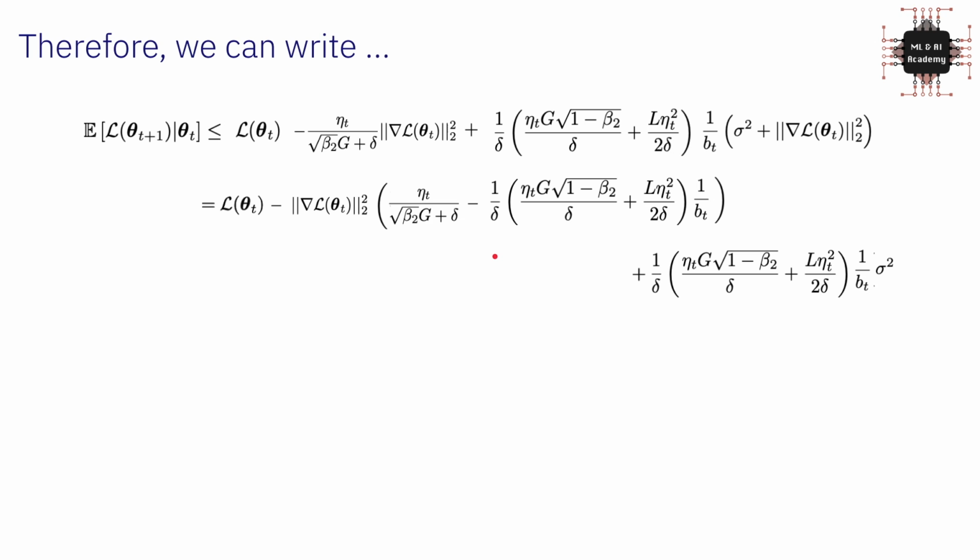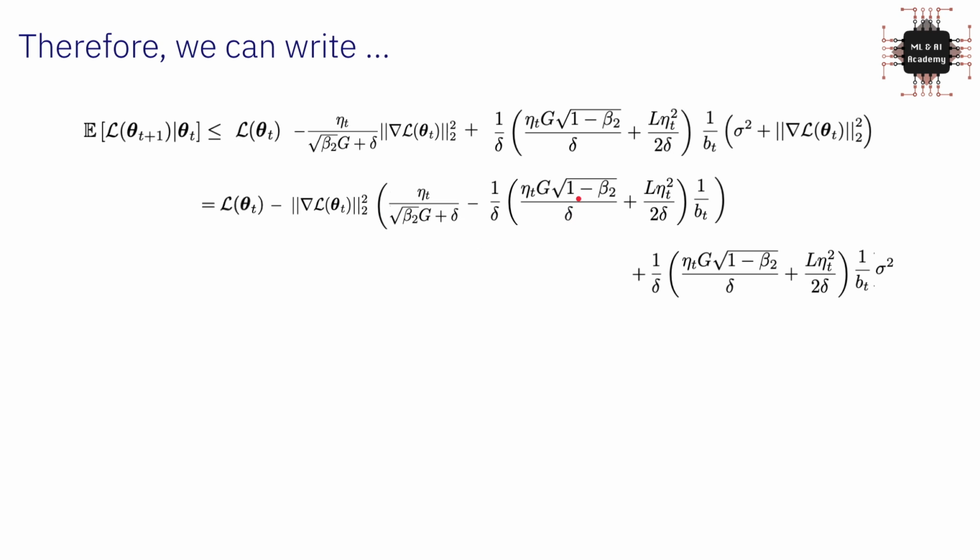Right, so now what we can do is multiply this by the norm of the gradient, then take the norm of the gradient as a common factor, which allows me to rewrite it in this way. Let's check that, it might not be easy to see. If I multiply this equation, I will get eta_t square root of beta_2 g plus delta times the norm of the gradient squared, which is just this term here.